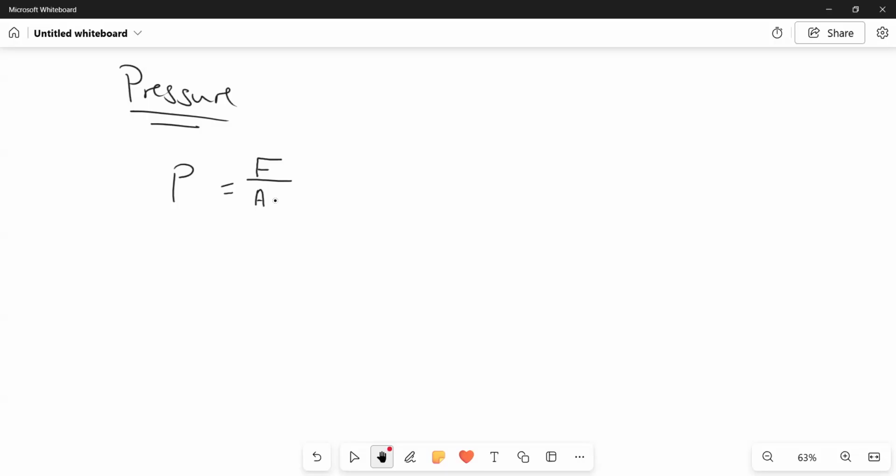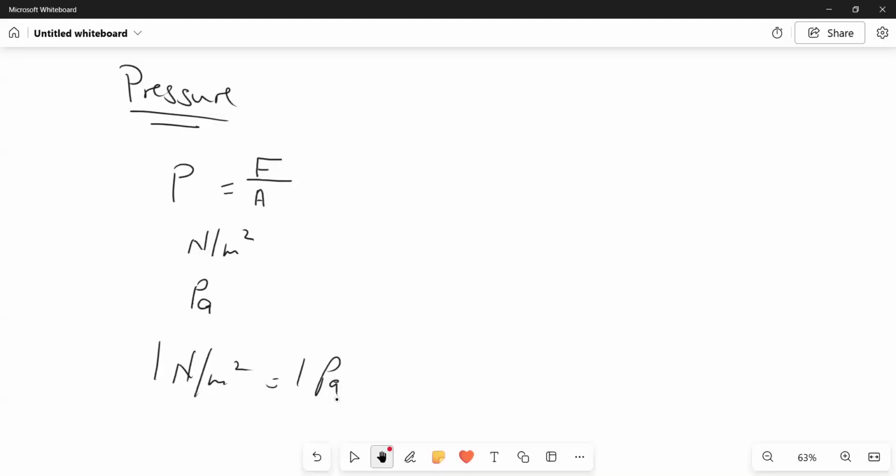Let me just give you the unit. The unit is either the Newton per meter square or something called the Pascal. 1 Newton per meter square is equal to 1 Pascal.